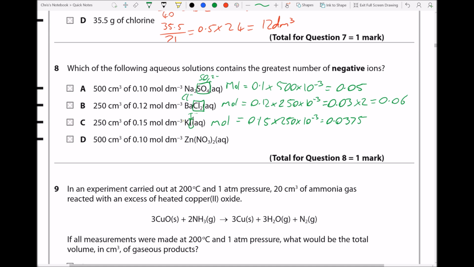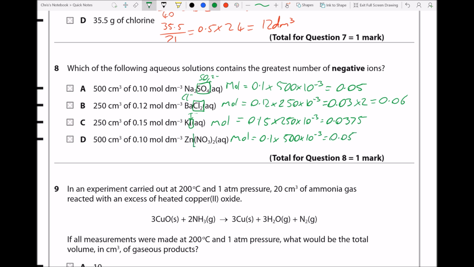And the last bit is moles equals the concentration, which is 0.1, times 500 times 10 to the minus 3. And that's going to give us the number of moles is 0.05.